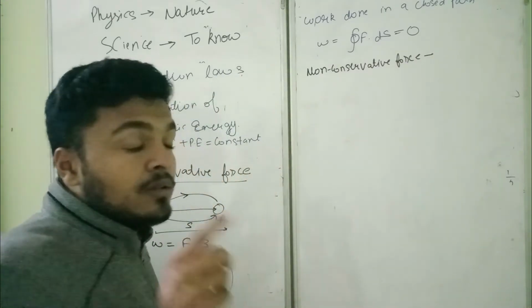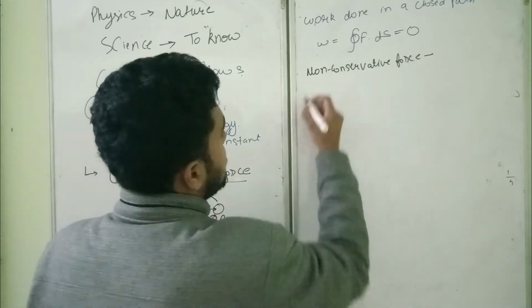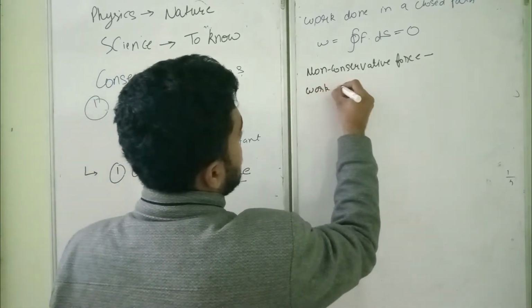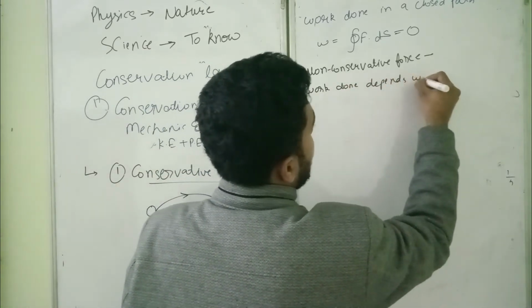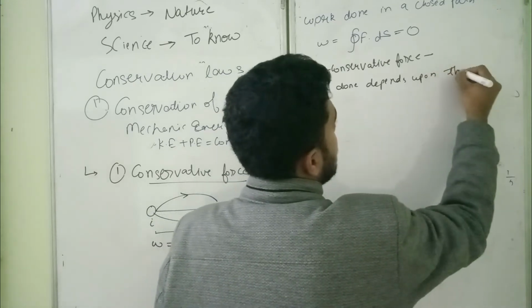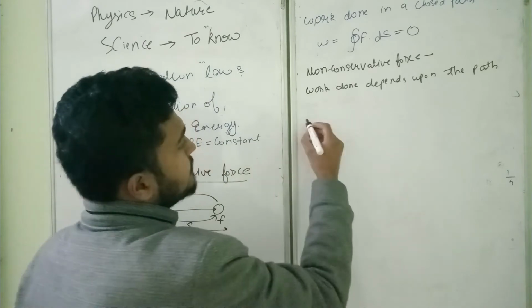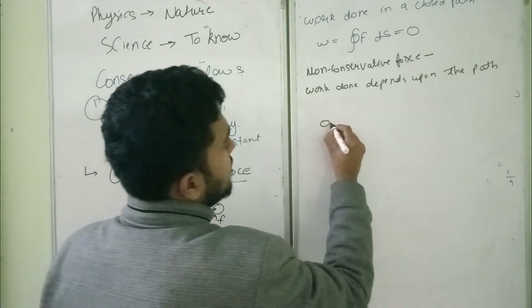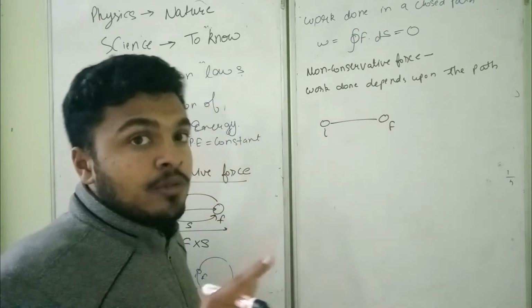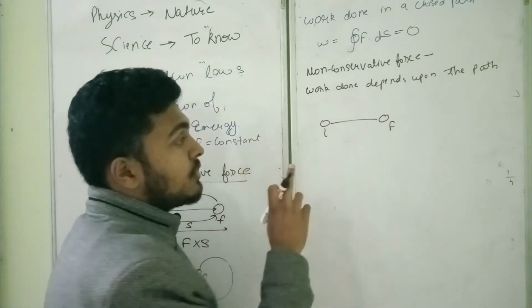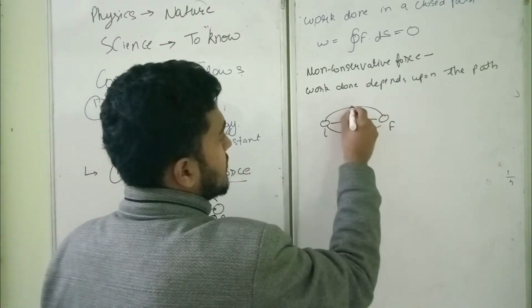In a non-conservative force, the work done depends upon the path. This means that if we move this body from this initial position to this final position, then the amount of work done won't be the same for this path or this path or this path.